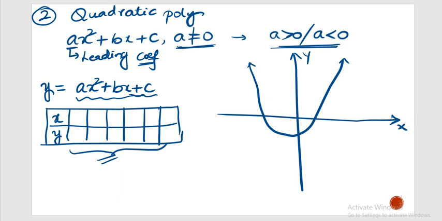This graph represents ax square plus bx plus c. My graph looks like this. This particular shape we call a parabola, right? This is nothing but the graphical representation of a quadratic polynomial.